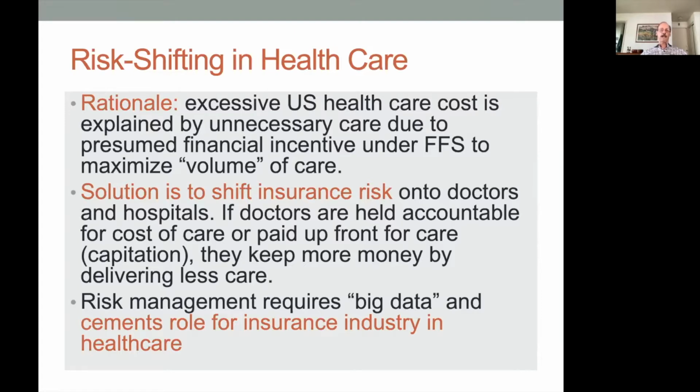But this requires big data. You've got to be able to track how sick people are, what their risk is, and try to figure out how much to charge for, or negotiate for, your capitation rate. And that means the insurance industry has a cemented role for themselves in healthcare as suppliers of that data.